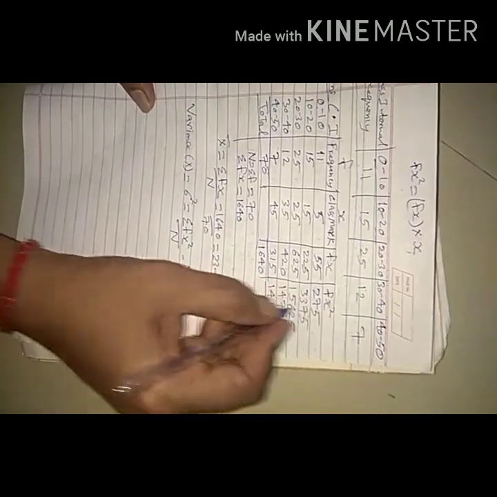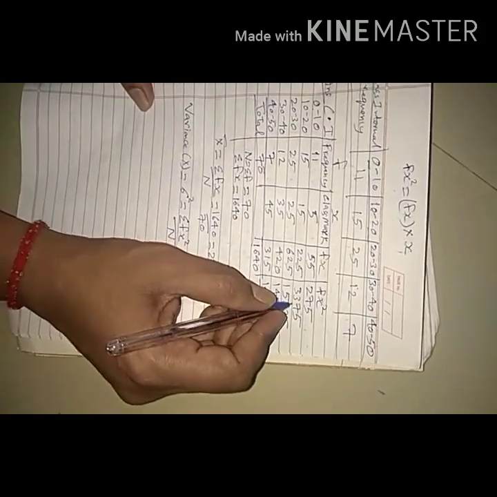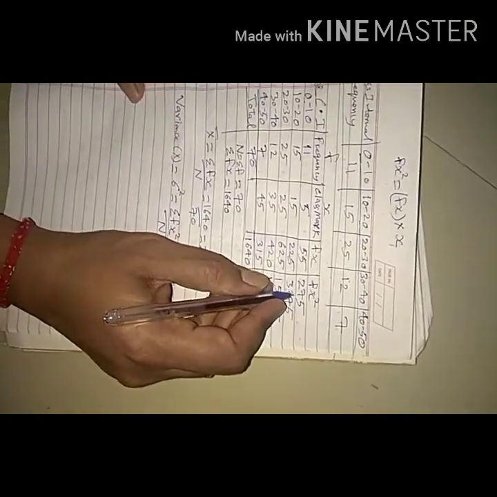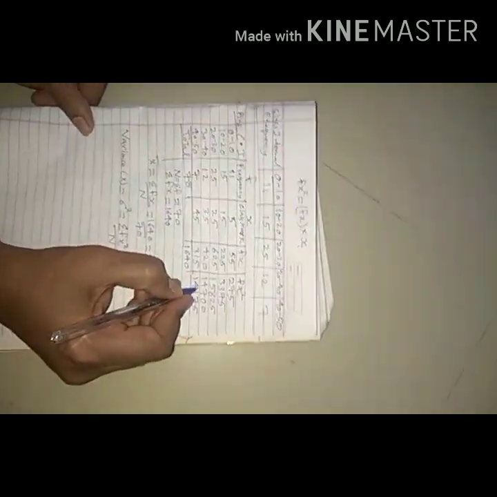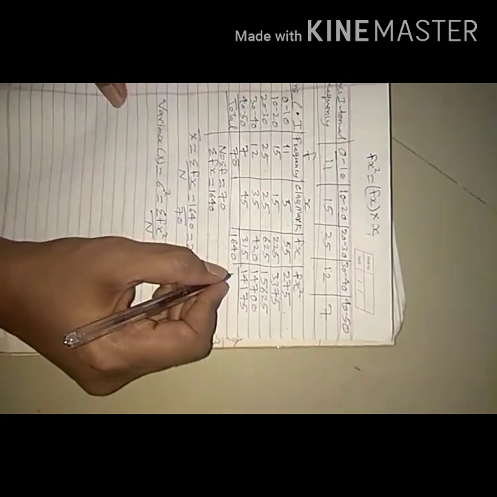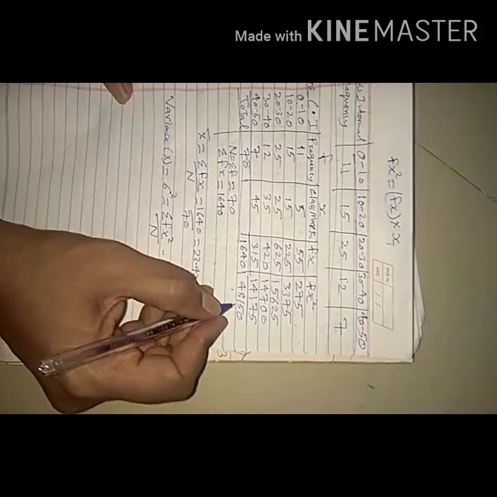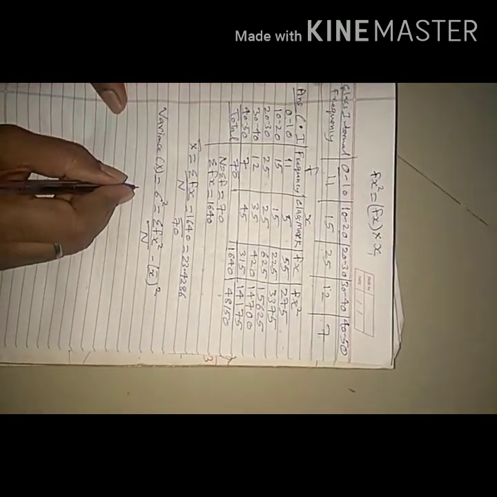I will add these values. These all you can add using calculator because numbers are very big here. 275 plus 3375 plus 15625 plus 14700 plus 14175. I will get total here as 48150. Now I will substitute the respective values here in the formula of variance.